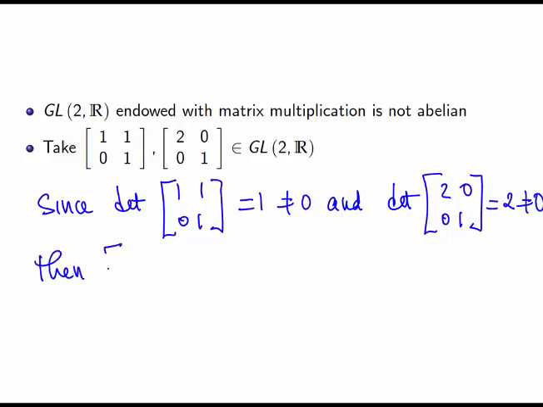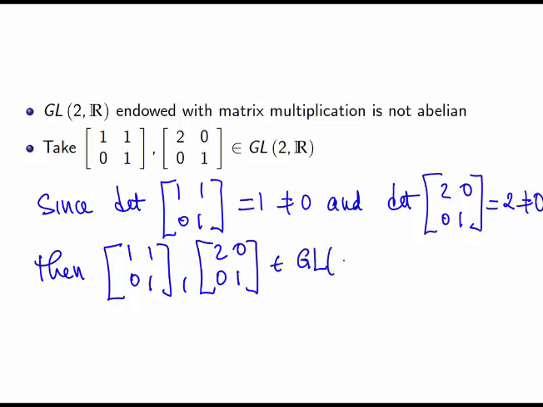So [[1,1],[0,1]] and [[2,0],[0,1]] are elements of the general linear group.